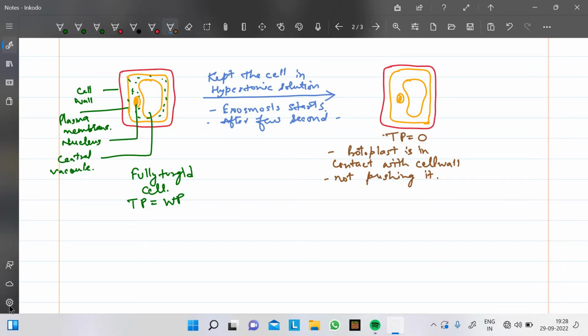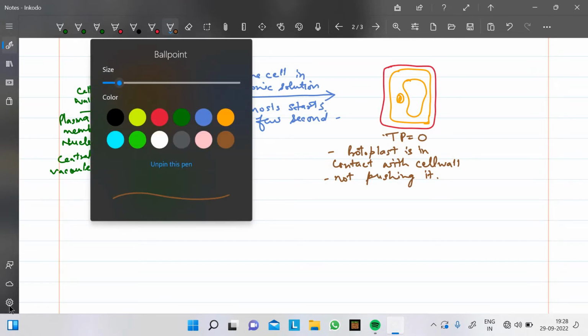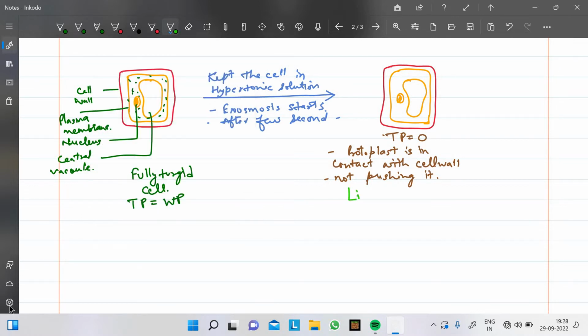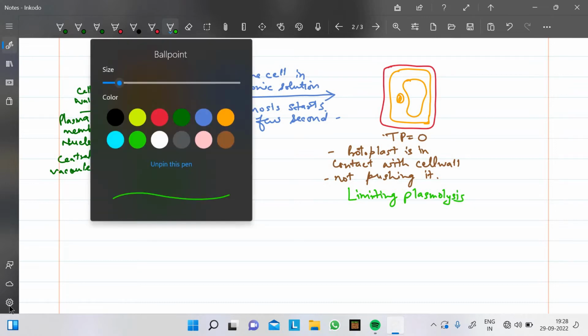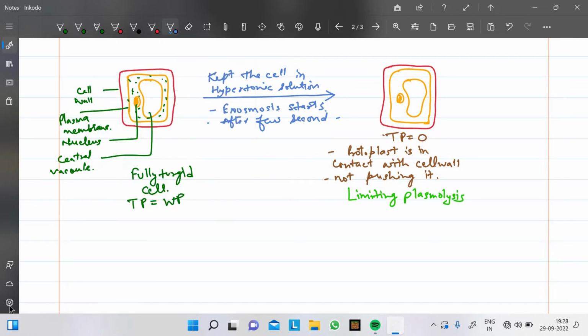This stage is called the first stage of plasmolysis, which is limiting plasmolysis. Here, the cell is in the hypertonic solution and exosmosis continues.